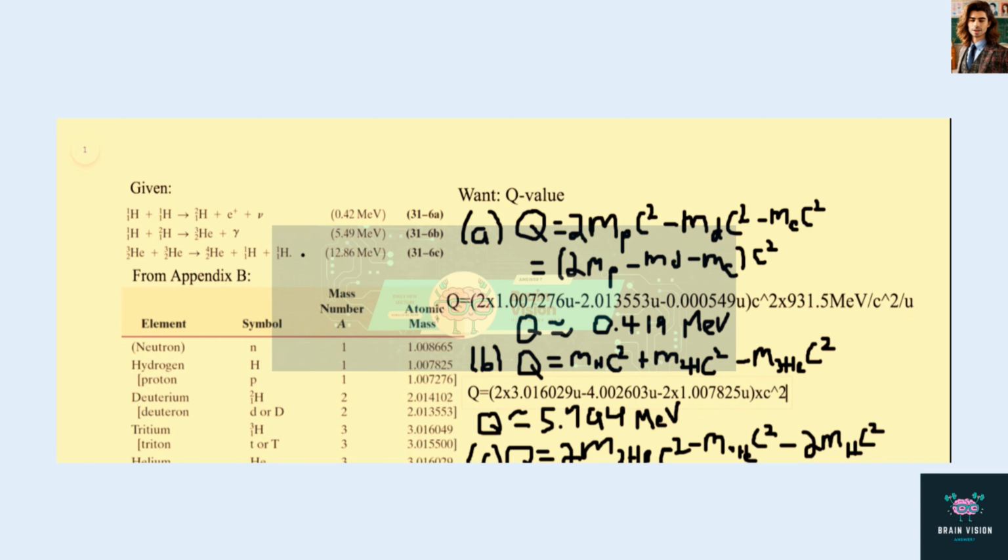Again, multiply everything by c squared and by our conversion factor. And putting that into our calculator, we should get a Q value. Sorry, it's a little bit cramped here. A Q value of 12.86 mega electron volts.